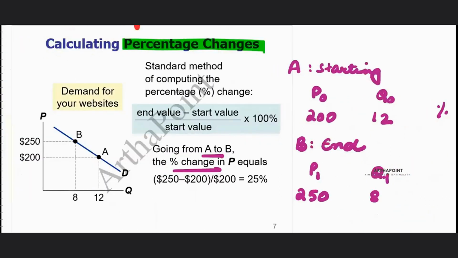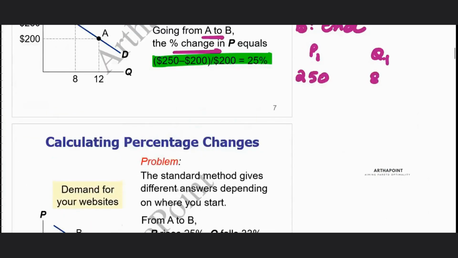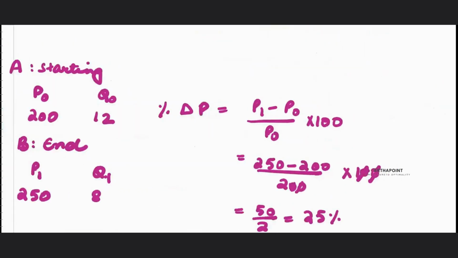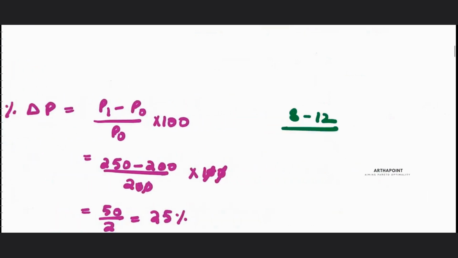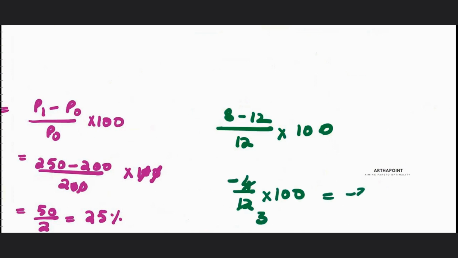So you have got 25% here. Similarly, let's find the percentage change in quantity. It will be 8 minus 12 upon initial quantity 12 into 100, minus 4 by 12 into 100. So this will be minus 33%.